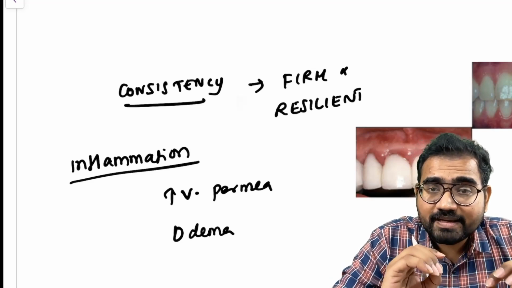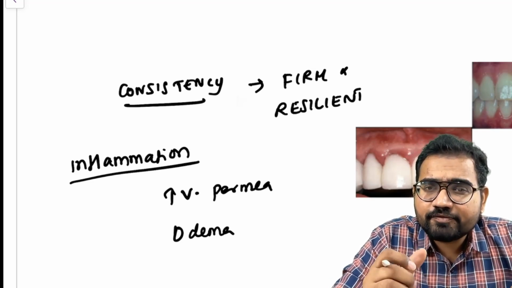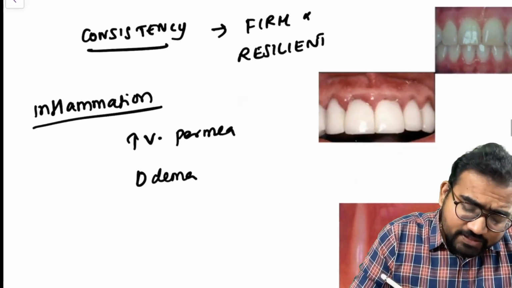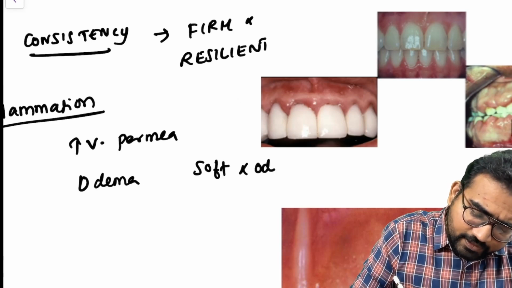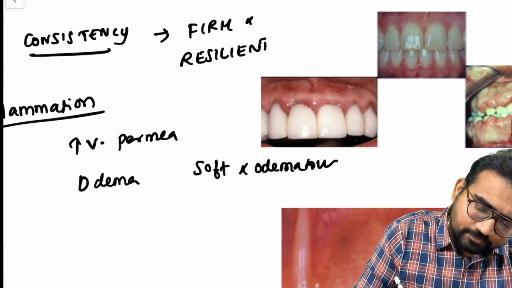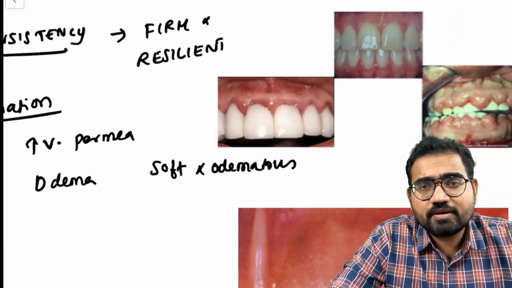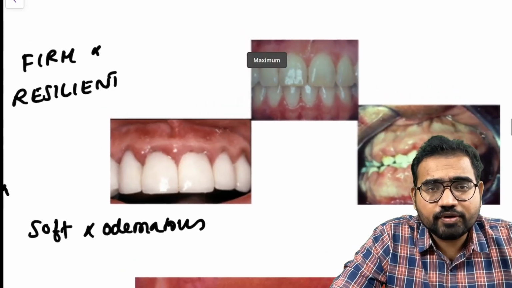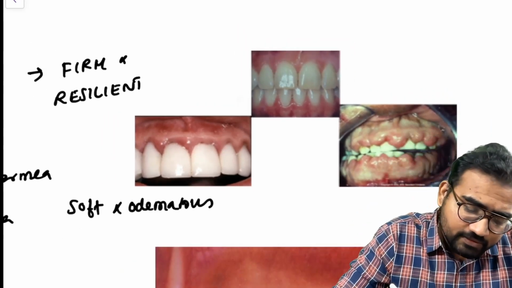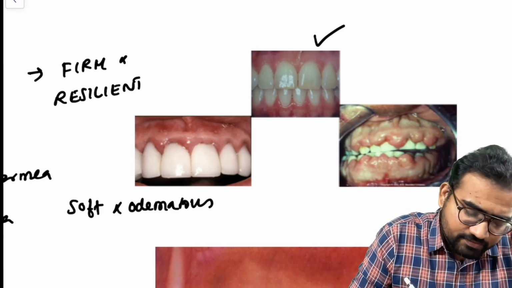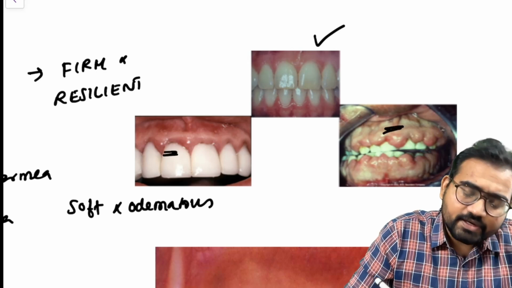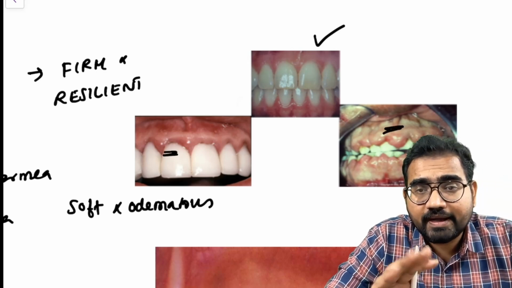So when there is edema formation, it will not be firm and resilient, it will be soft and edematous. So normally a gingiva without any inflammation is going to be firm and resilient. In case of any inflammation, even if it is mild or severe, it is going to be soft and edematous.